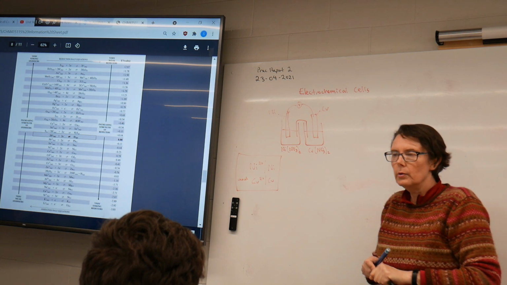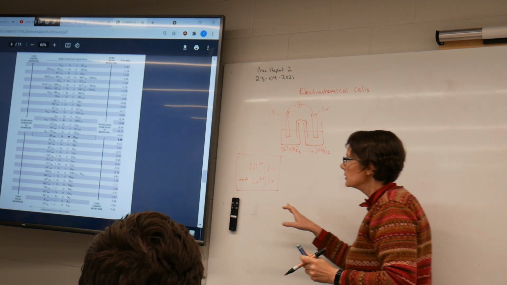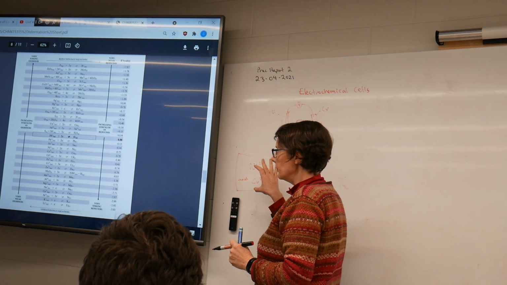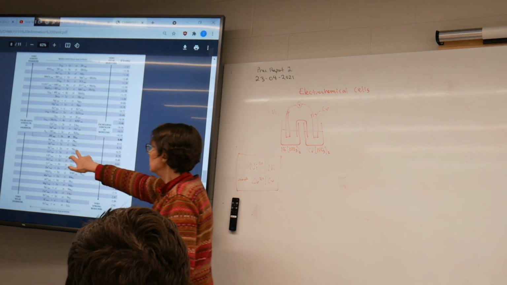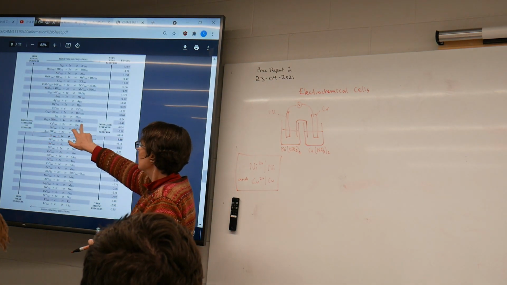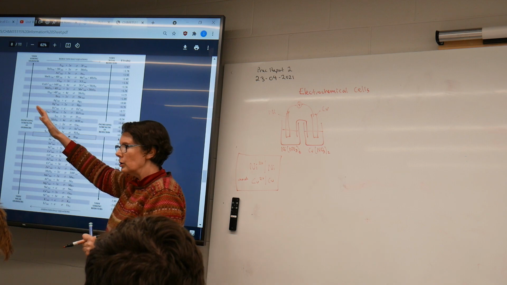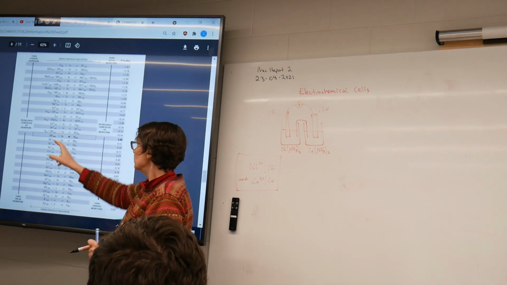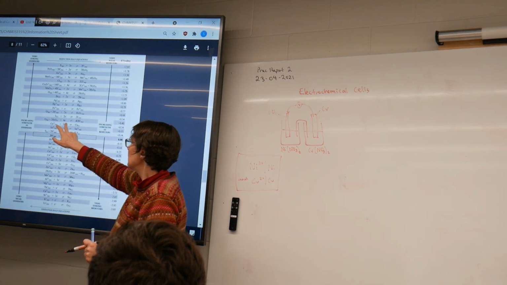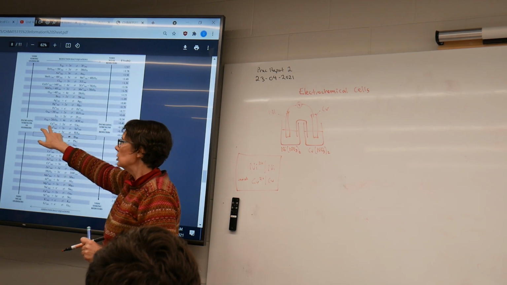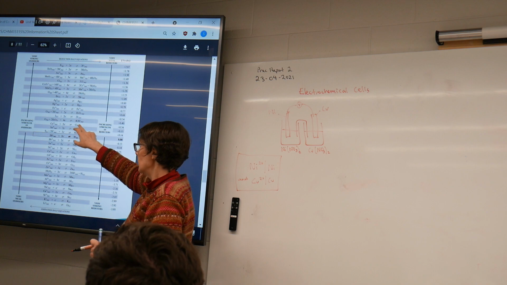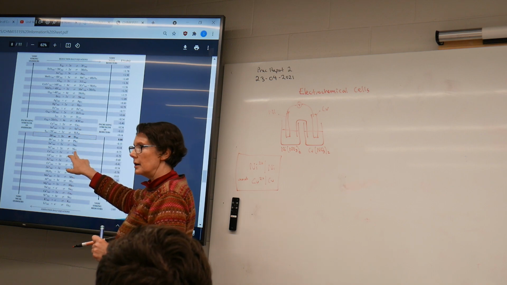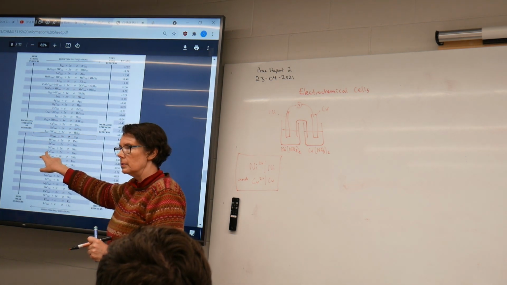We then go to our electrochemical series and we find these two half equations with the nickel and the copper. And because we know that the stronger oxidizer reacts with the stronger reducer, then that means that we must be reducing the copper ions to copper and oxidizing the nickel to nickel 2 plus.